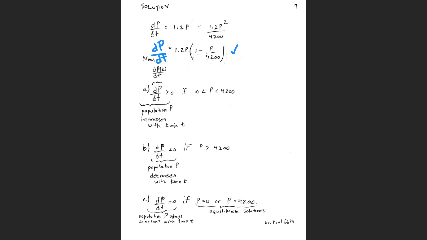For instance, the first question asks, when is the population decreasing? And by the way, I want to say this the right way.